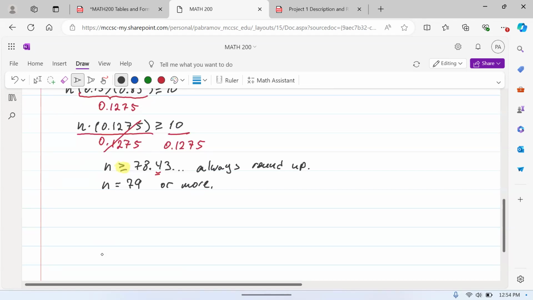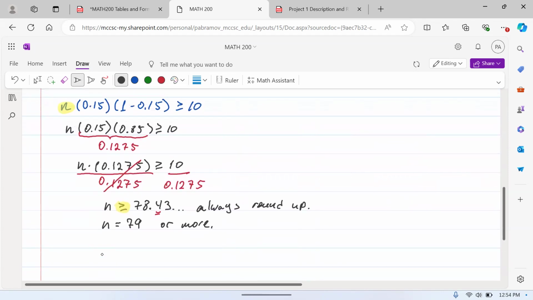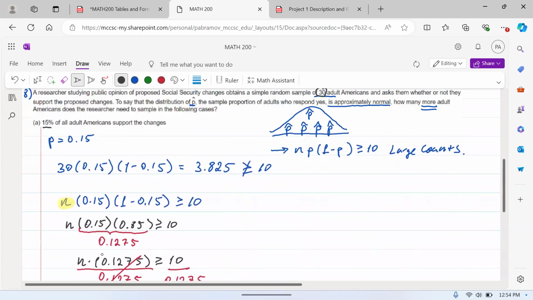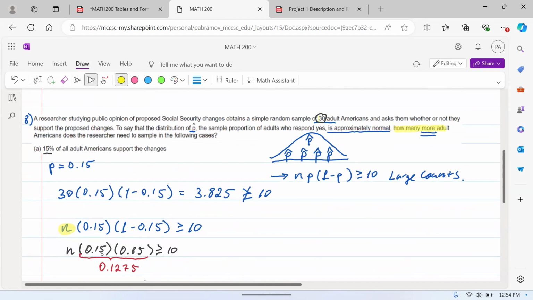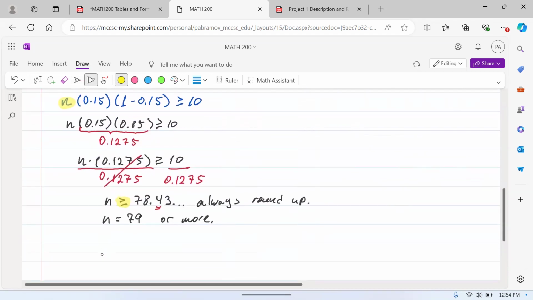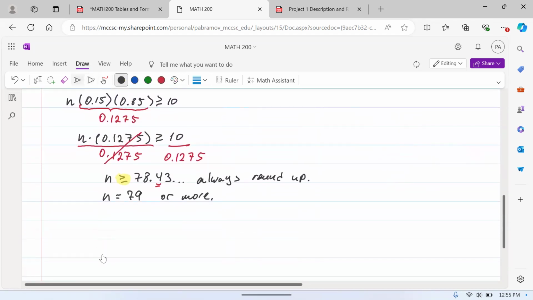Okay, but that is still not the answer, because it's a little tricky of a question, because the question is how many more do we need to sample? How many more adults do we need to sample? We already sampled 30. We already know that part. It just turns out that 30 is not enough. So how many more do we need to sample? Well, it is the remaining amount.